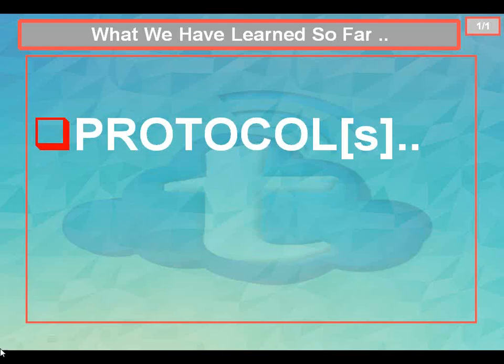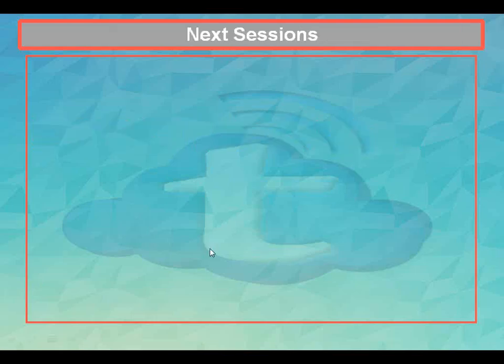Got it? So what we are going to introduce in the next sessions: what functions each layer is going to perform, which we didn't study. We understood that there are 7 layers. Each layer will do some functionality, but we didn't learn what functionalities are implemented in each of these 7 layers. We need to introduce that.